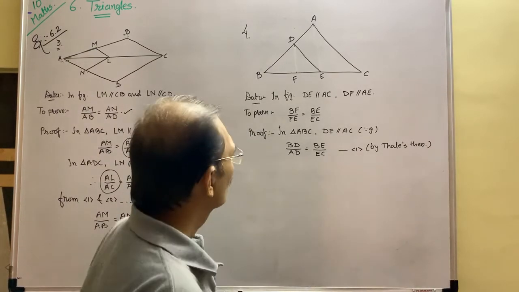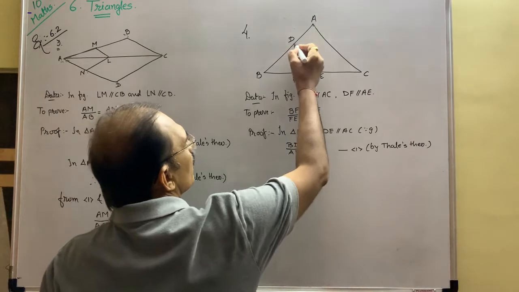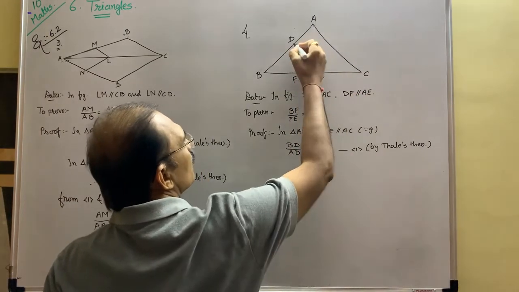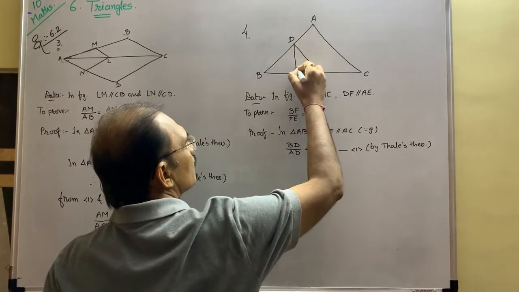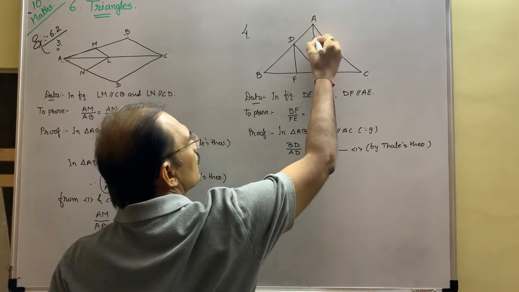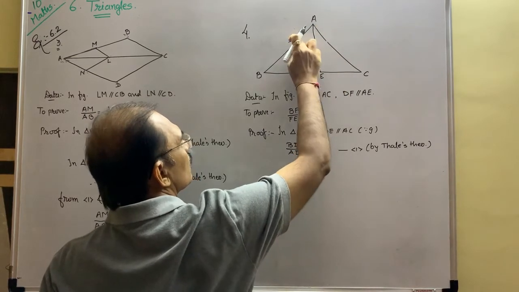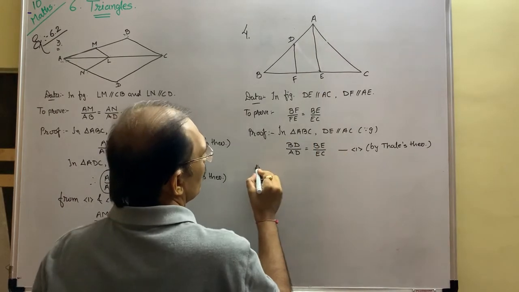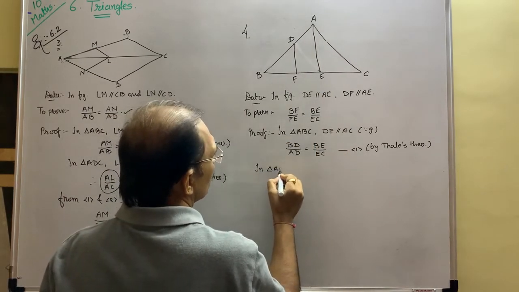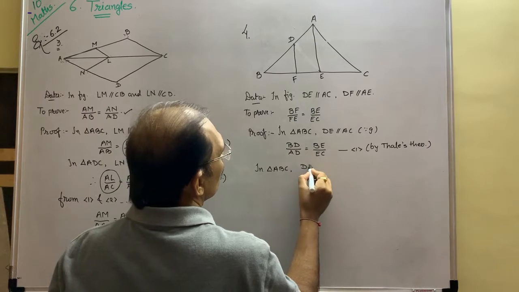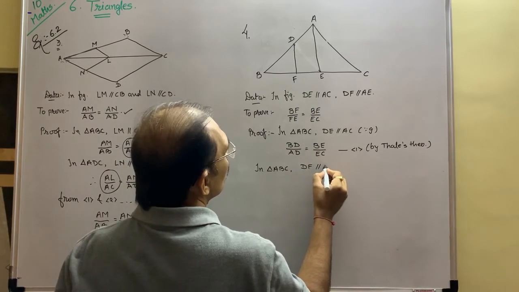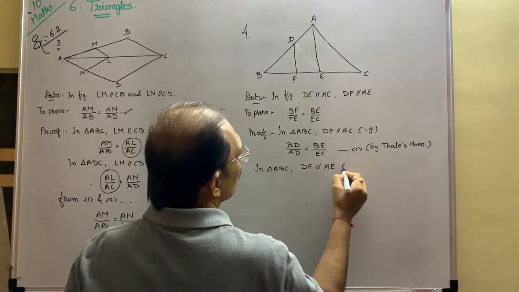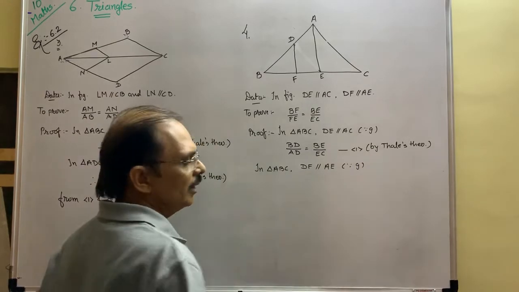Okay. Now see. Here also given DF is parallel to AE. For your convenience, I remove this. In triangle ABE, DF is parallel to AE, given.